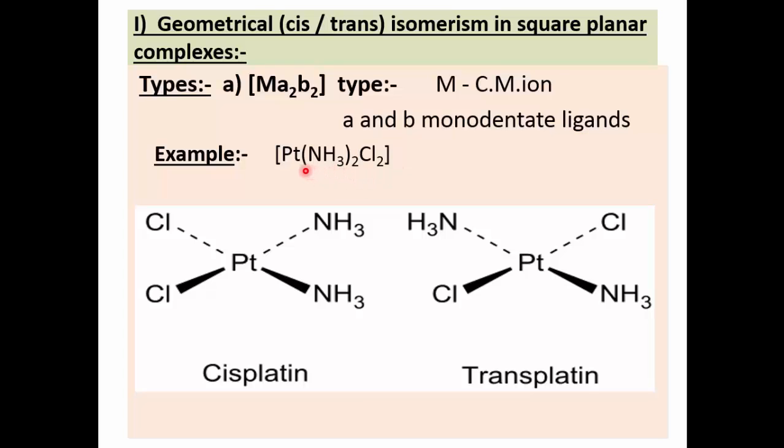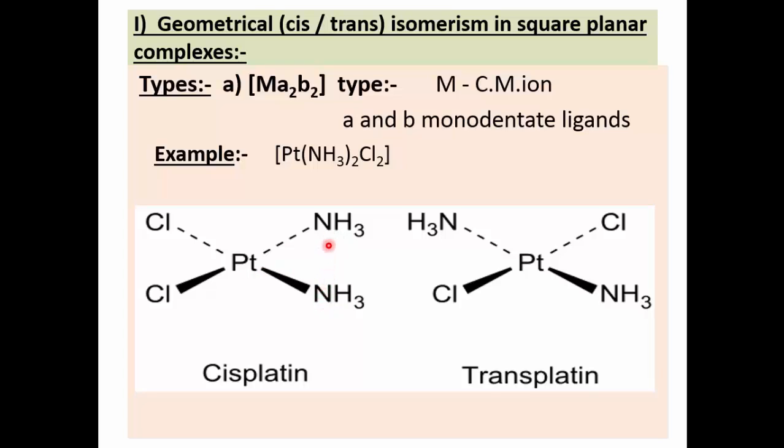Let us see with the help of this example. Dichlorodiammine platinum. So this is the example of this type, Ma2B2. See, this is the structure. This is called cisplatin. In this structure, we observe that this is the central metal ion. Structure is square planar. To one side of the square planar, at these 2 positions there are 2 ammonia molecules.